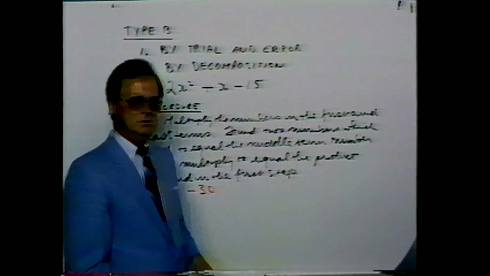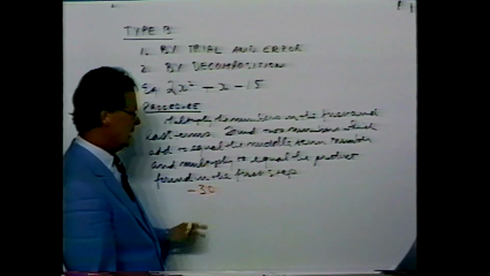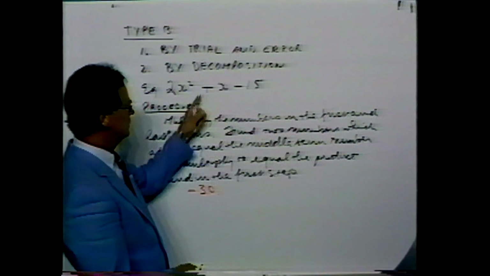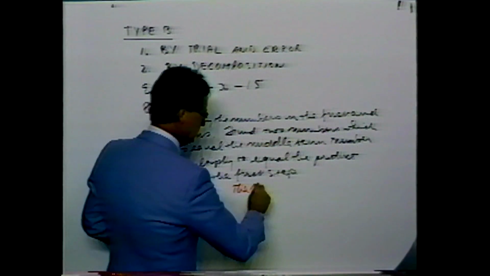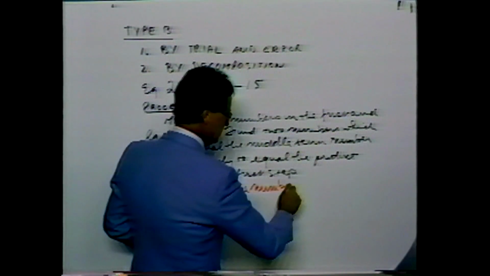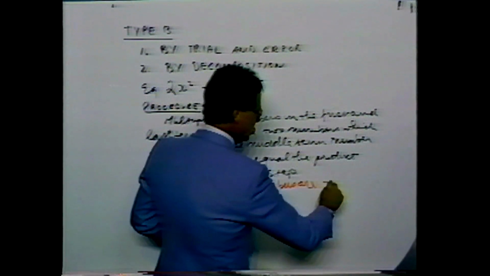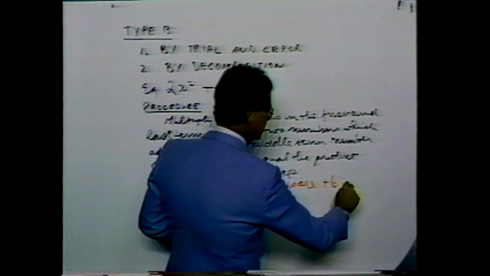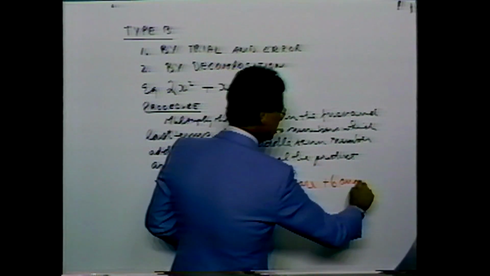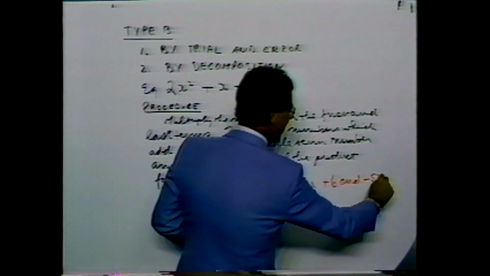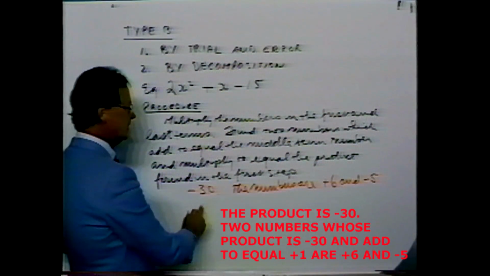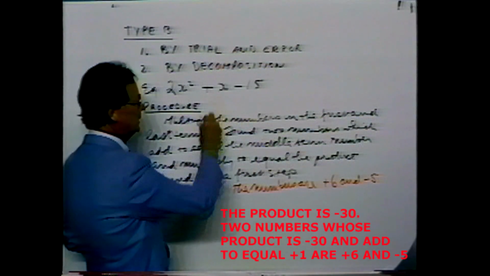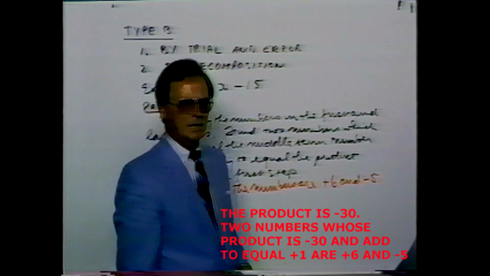The combination of numbers that multiply to give minus 30 and add to give plus 1 are plus 6 and minus 5. Those multiply to give minus 30 and they add to give plus x.